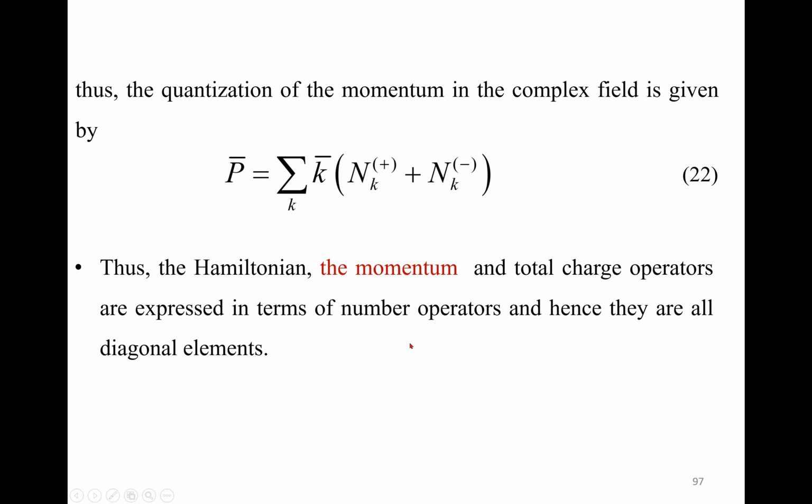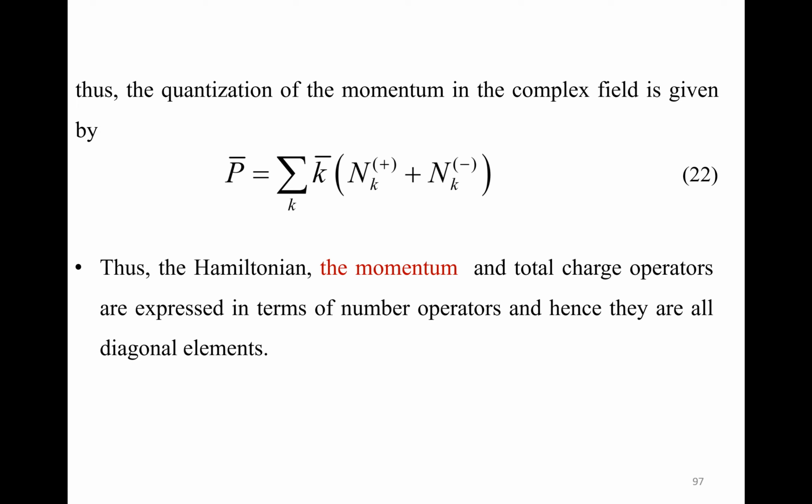The complete expression for your quantization of the momentum in the complex field is given by equation 22. So your p vector is equal to summation over k vector times your number operators, which are nothing but n_k plus and n_k minus. So this is your eigenvalue of the quantization of the momentum.